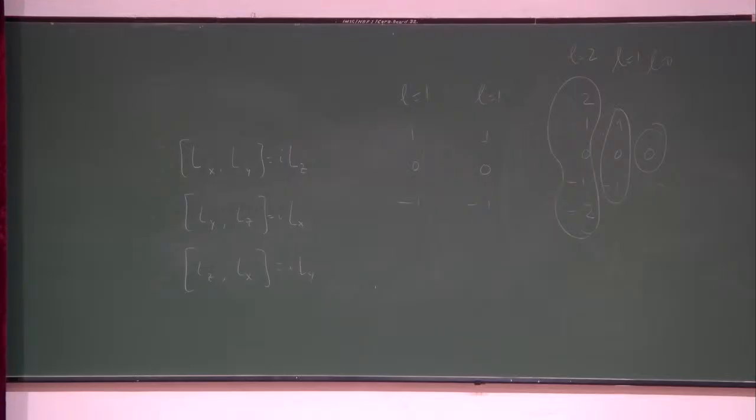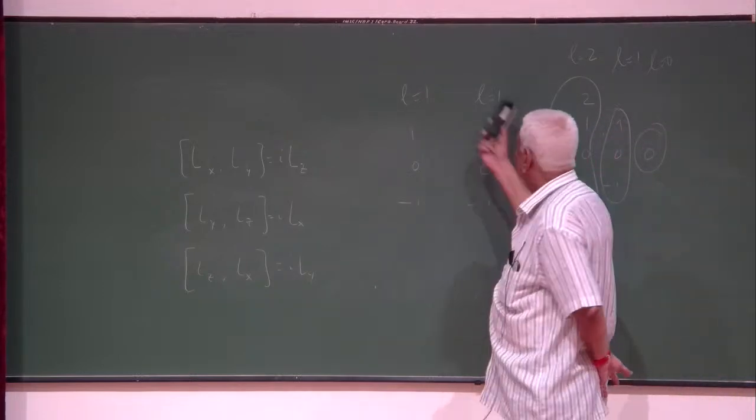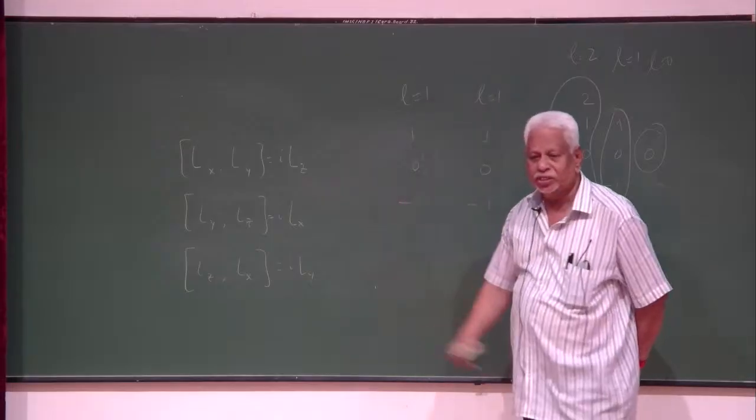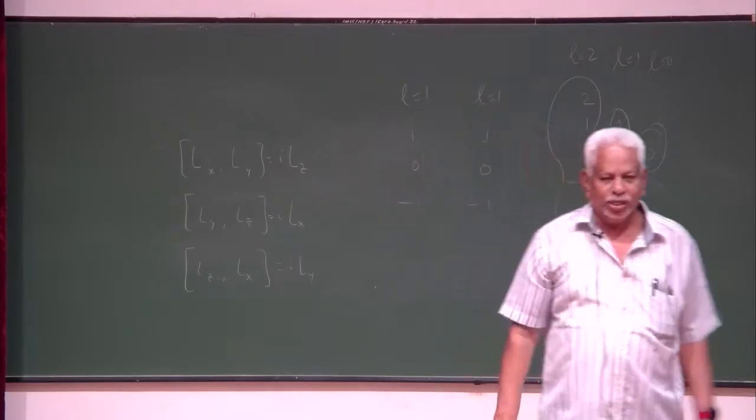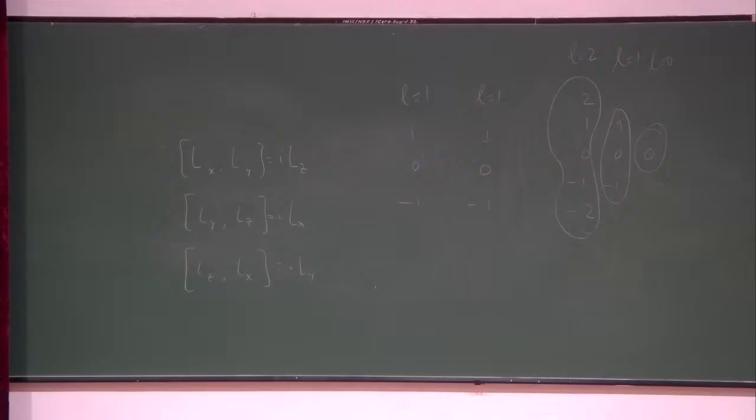Now, when I say spin 2, spin 1, etc., when I write down a matrix for this combination, I should be able to get a spin 2 object in it, a spin 1 object in it, a spin 0 object in it.